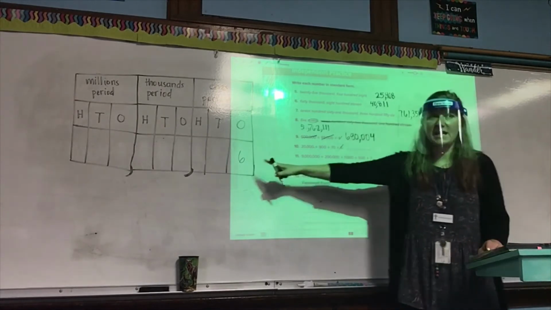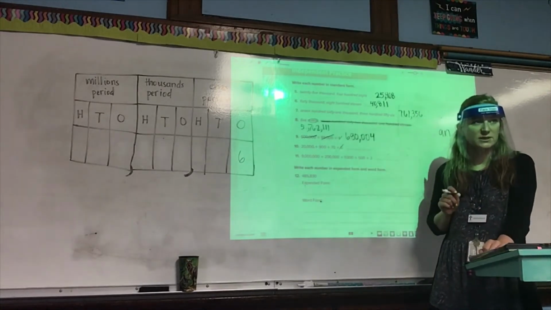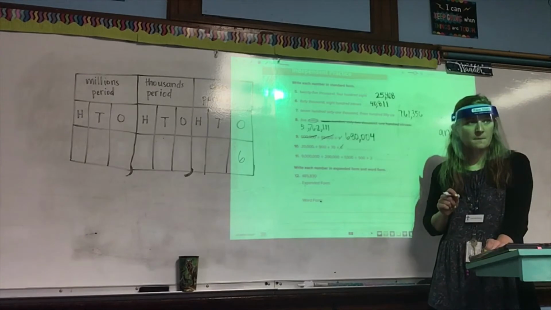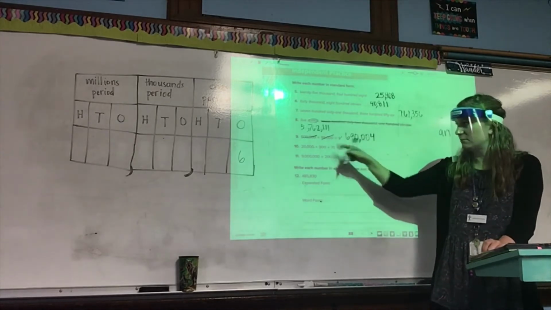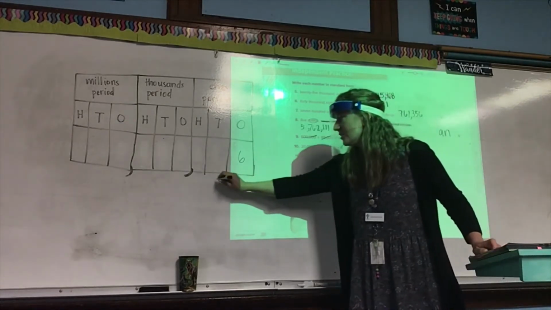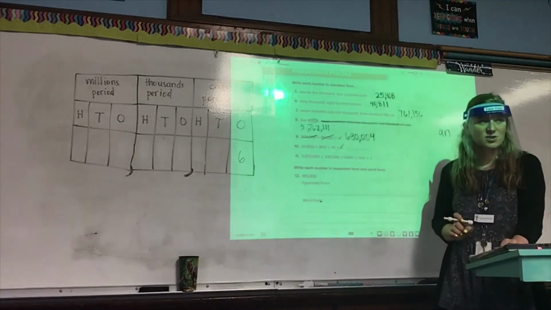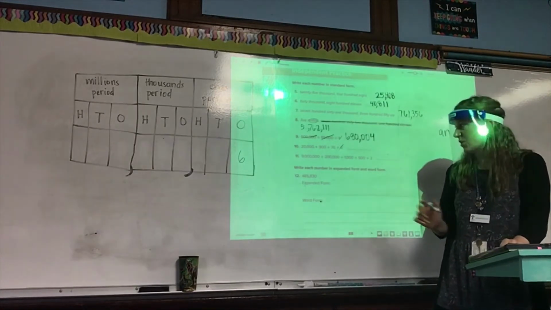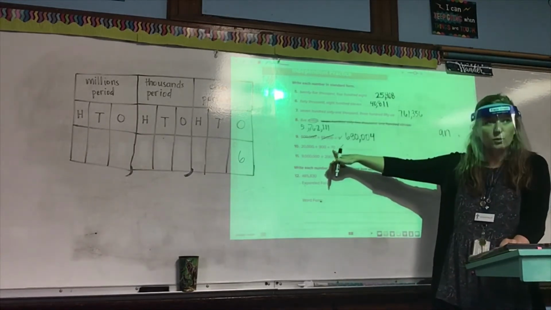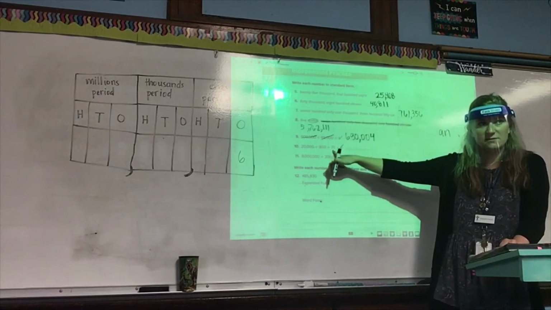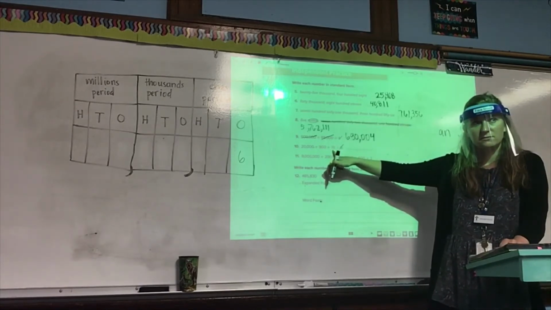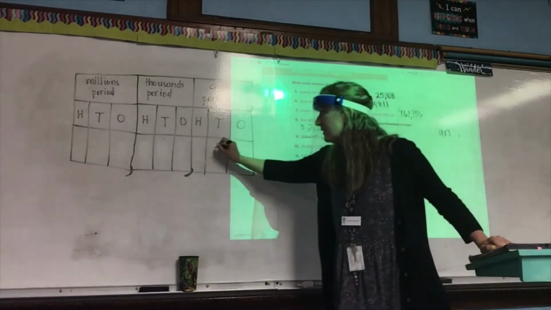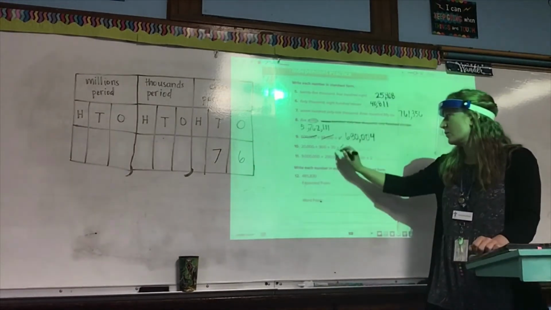So, which place is 2 digits over? The tens place. What digit has to go in the tens place for us to have a value of 70? 7. So we're done with 70.